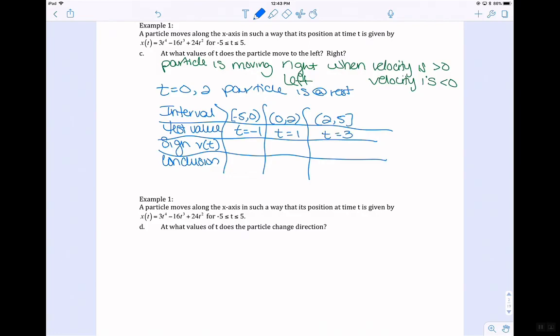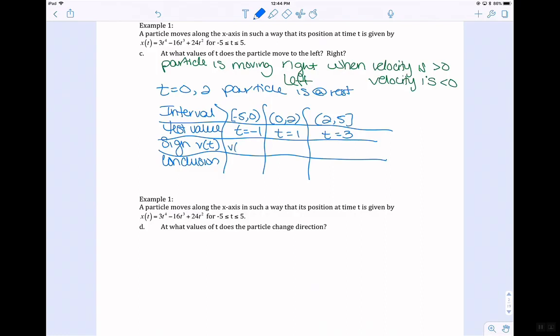Okay. We have defined t to be a negative value. So we could talk about time or the velocity or acceleration or the position of a particle before time is equal to 0. Okay.